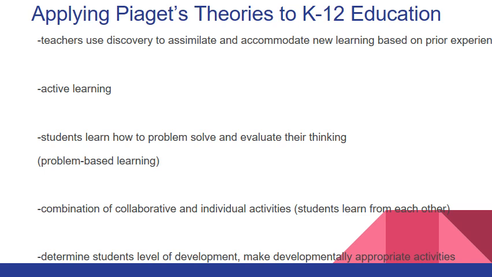For example, kindergartners would not be given highly abstract activities in which they have to think of hypothetical situations that they've never experienced, because that would not be developmentally appropriate for their stage of learning and cognitive development. Kindergarteners would need to have physical representations of what they're learning, and they would need to have concrete examples of what they're learning.